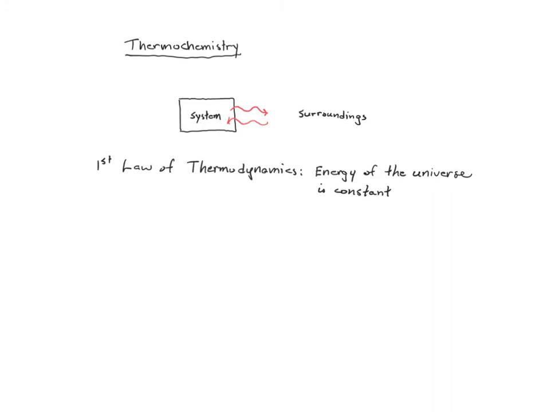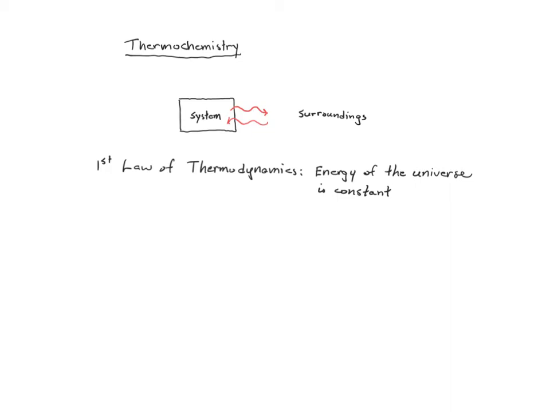Okay, so let's take a step back here. When we looked at this chemical process that was exchanging heat with its surroundings, when you think about it, if the system is the reaction or process that's taking place and the surroundings is everything else, that means that the system plus the surroundings is going to be equal to the entire universe.